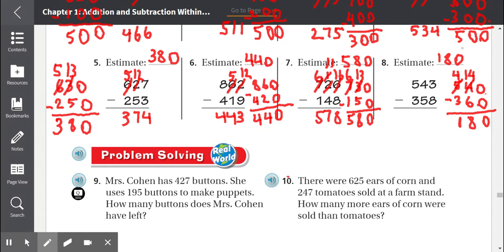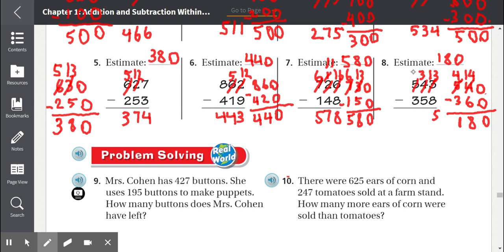Now let's solve the actual problem for the exact answer. 3 minus 8, we can't do that. We have to borrow. We borrow 1 from the 4, it becomes a 3. Now this 3 can become a 13. 13 minus 8 is 5. Now, the tens place is no longer 4 minus 5, it is 3 minus 5. And we can't do 3 minus 5, so this 3 has to borrow from the 5.